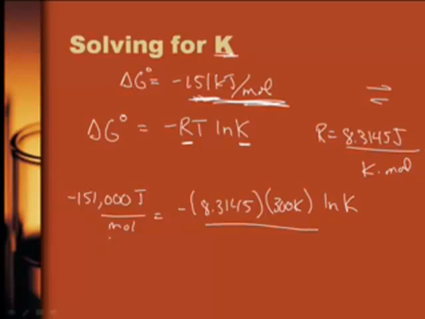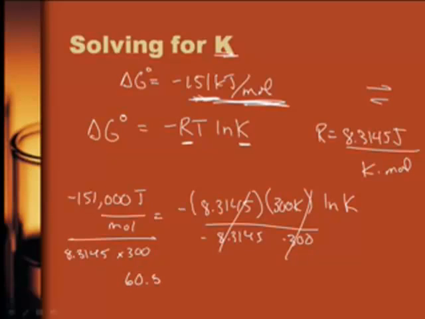I would divide both sides by 8.3145 and 300. Make sure that you divide on your calculator, and do not say divide and then times unless you're using parentheses appropriately. And so what do you get there? 60.5. We have a negative and a negative, and so that makes it a positive.